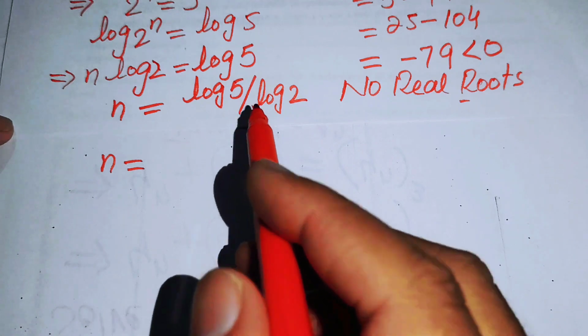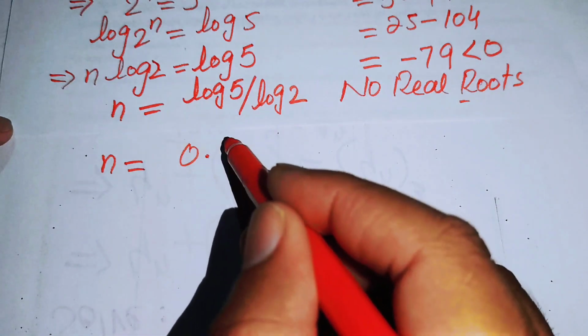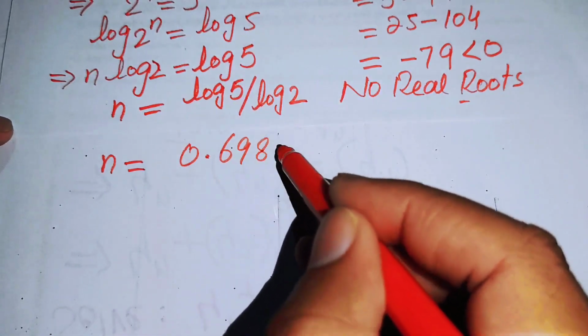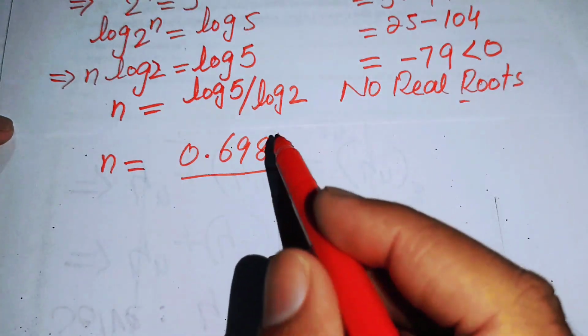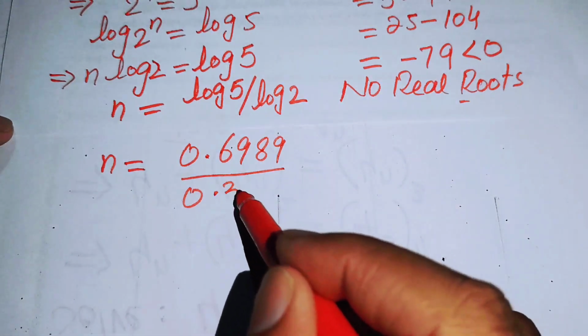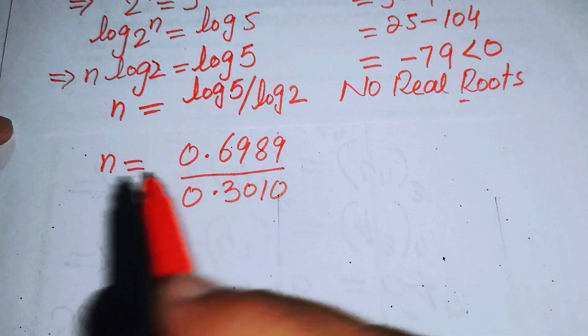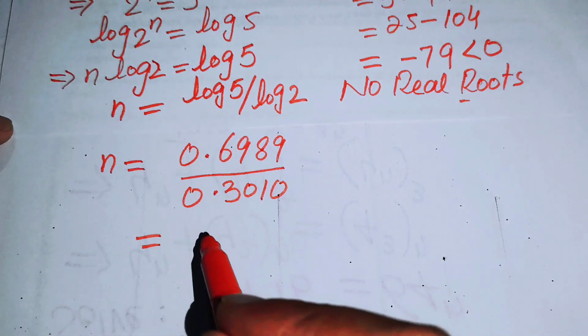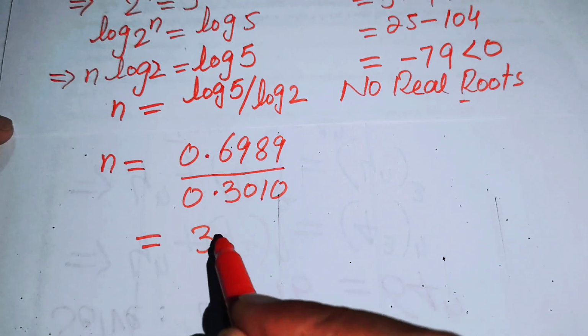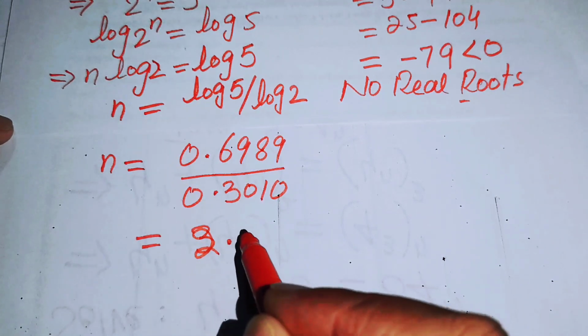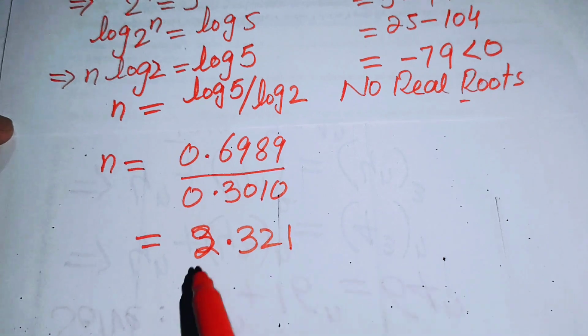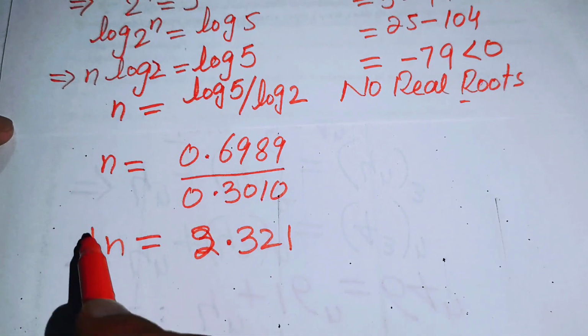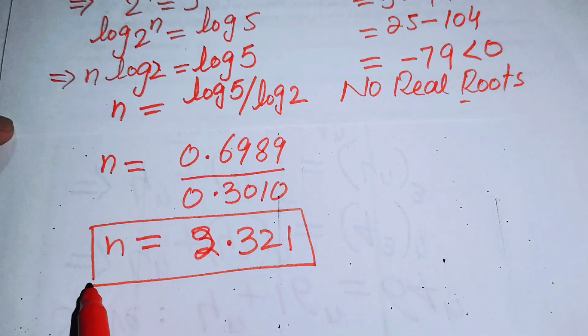So the value of log 5 is 0.6989, and the value of log 2 is 0.3010, and when we divide these two values, then you get 2.321. So this is our final value of this problem.